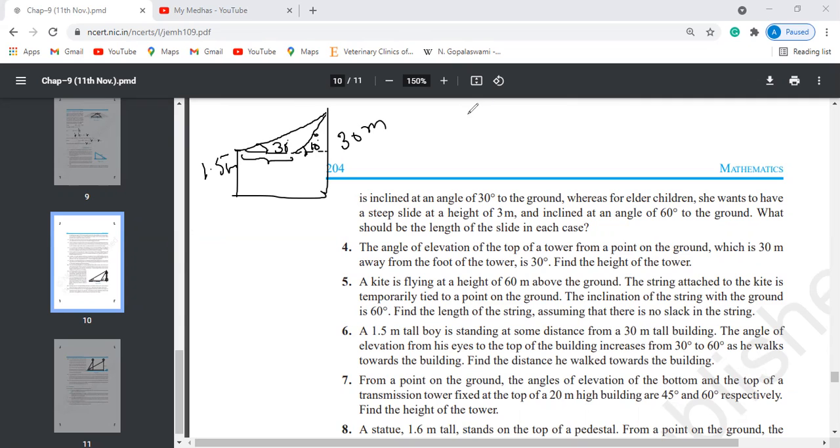Now you can use tan 30 and tan 60. But remember, what value do you have to take for the opposite side? 30 or any other value?